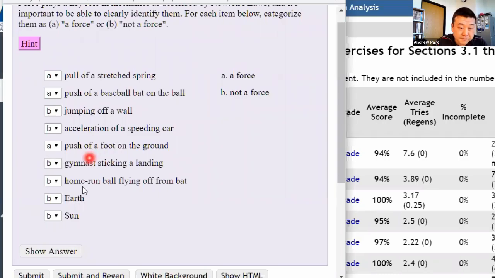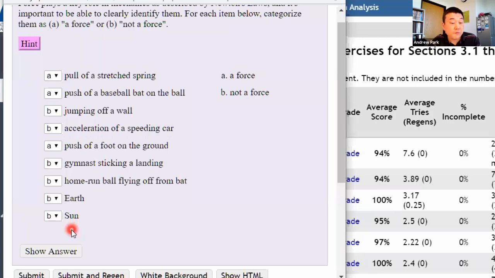And let's see, like Earth and Sun. These are objects. Earth is an astronomical body. Sun is an astronomical body. Now, these bodies do exert a force. Sun pulls the Earth towards the Sun. That's why Earth orbits the Sun. So if this had talked about the gravitational pull of the Sun on Earth, that would have been a force. Or even if it just said the gravitational pull of the Sun, it also would have been a force.